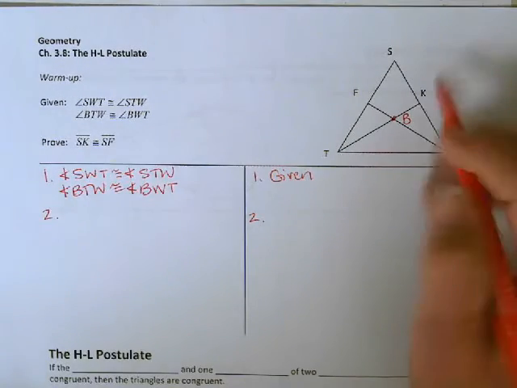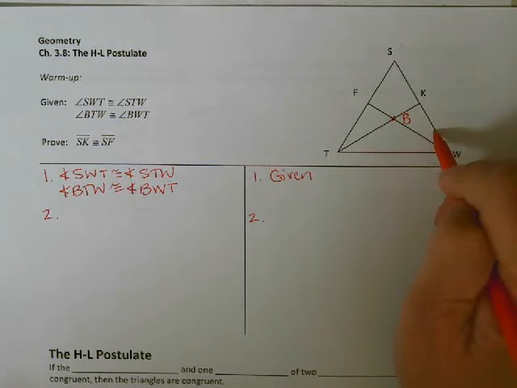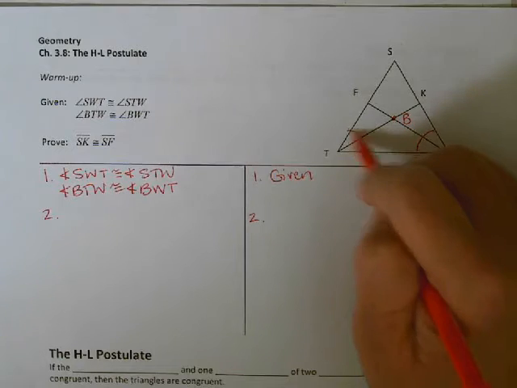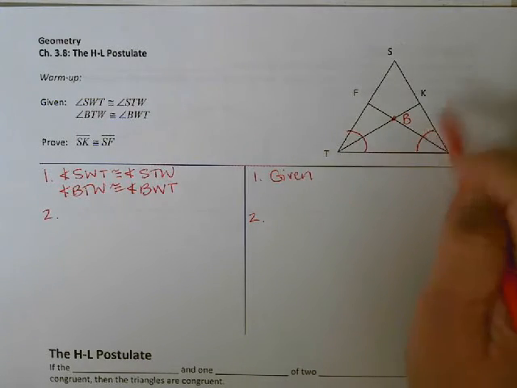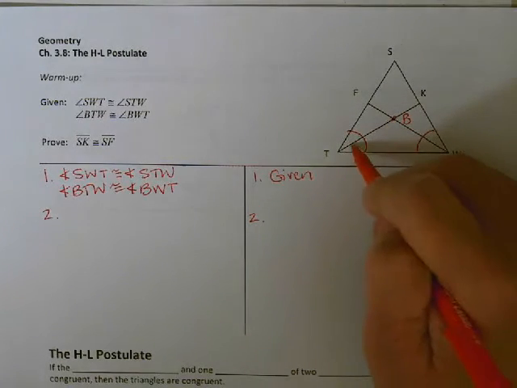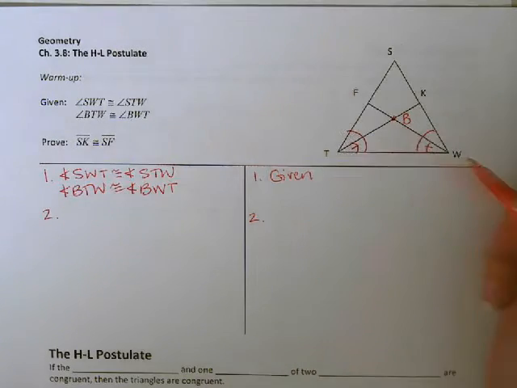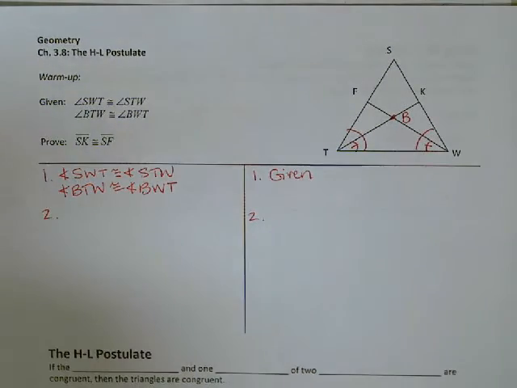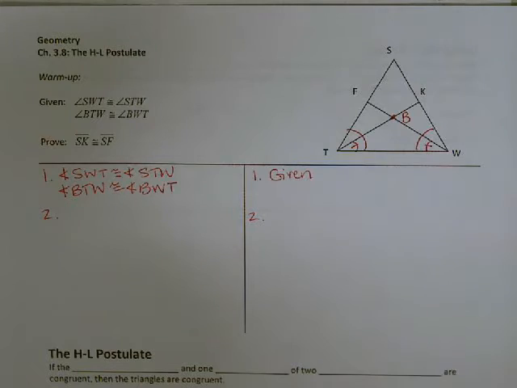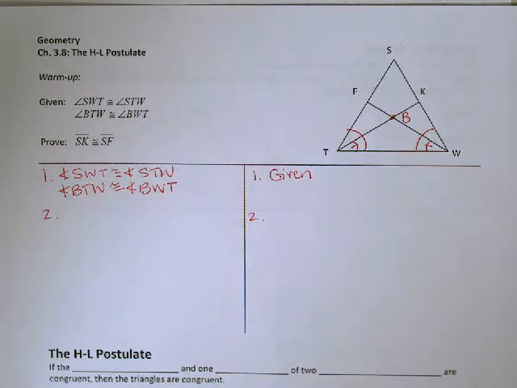All right, so we know that angle SWT is congruent to angle STW, and then we know that angle BTW is congruent to angle BWT. Now, there's more than one way to do this proof, but I'm going to show you a method that takes only 6 steps.